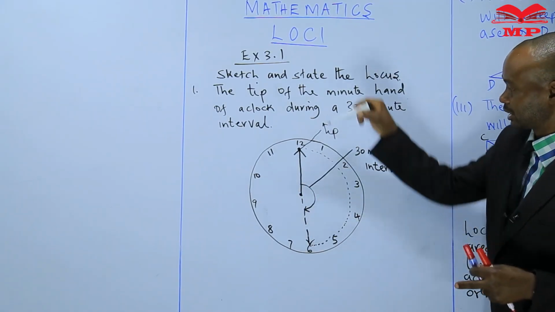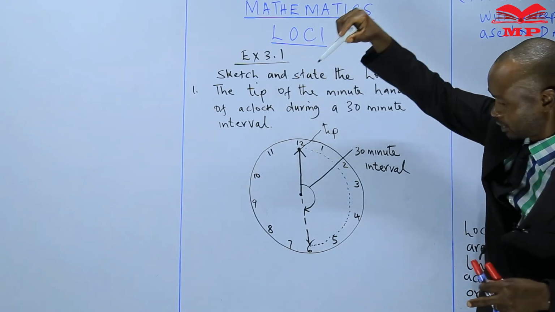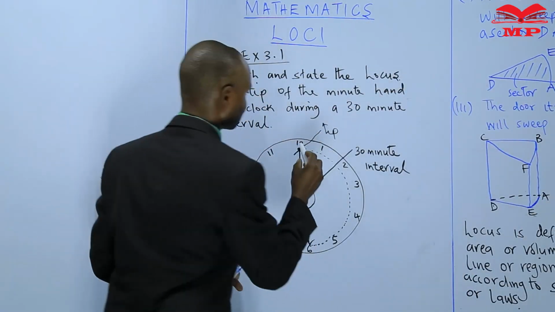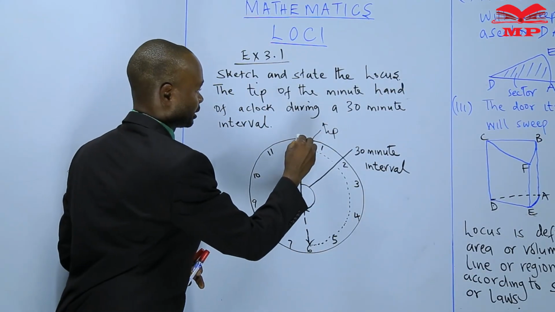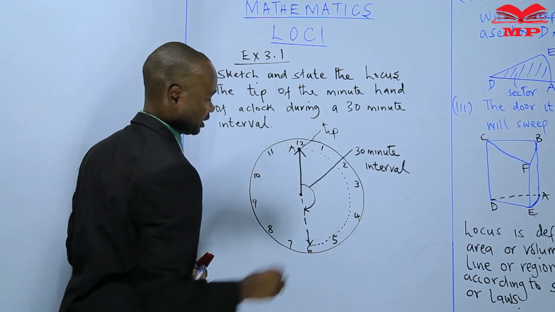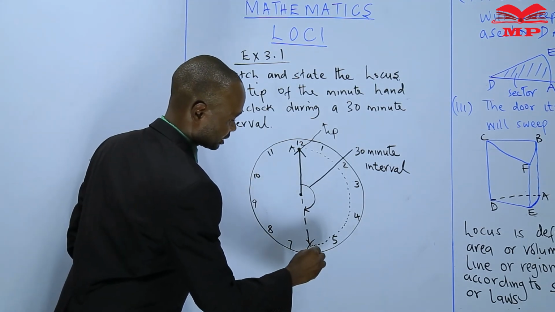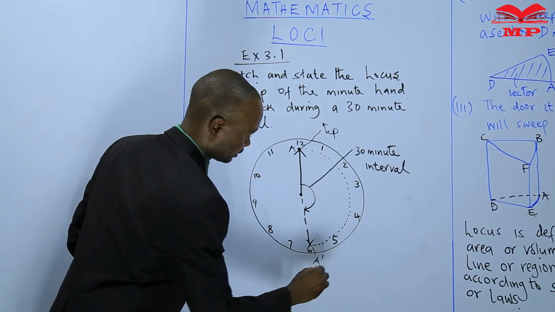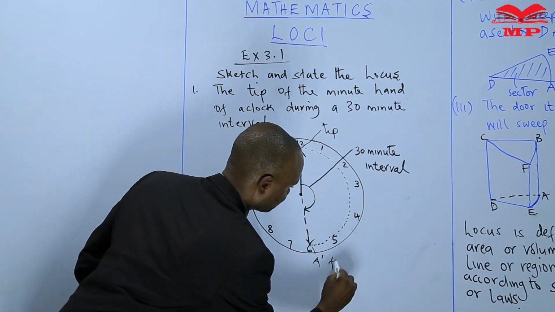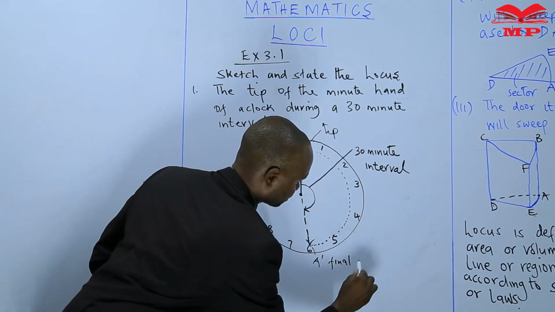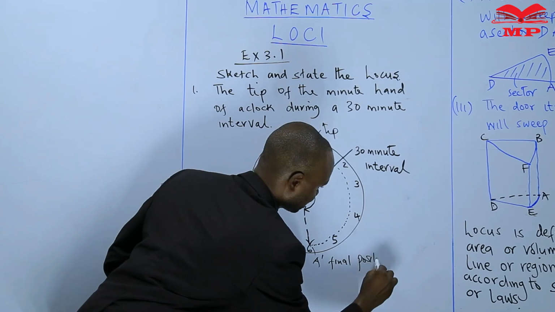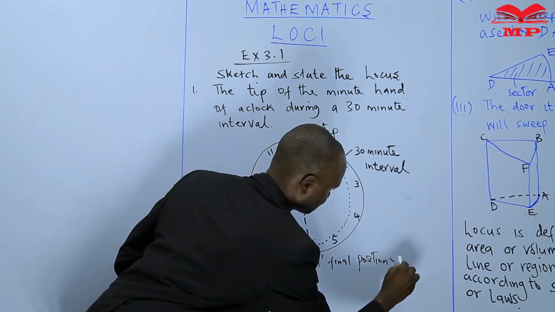So during that 30-minute interval, if that was our originating point A of the tip, you can come and say here is the final, A prime will be the final position of the tip after 30 minutes.